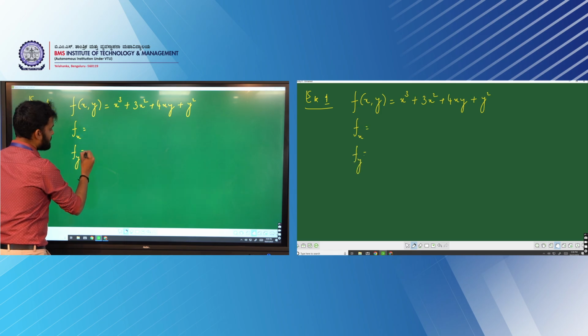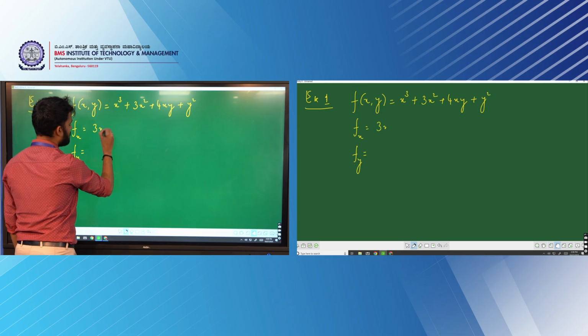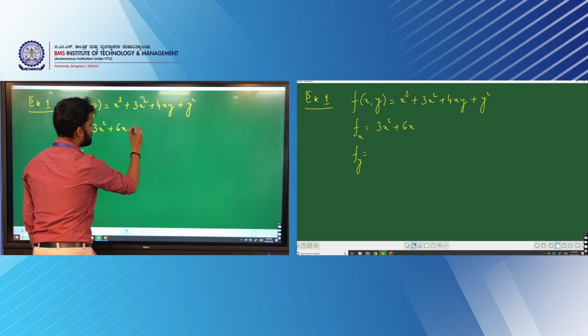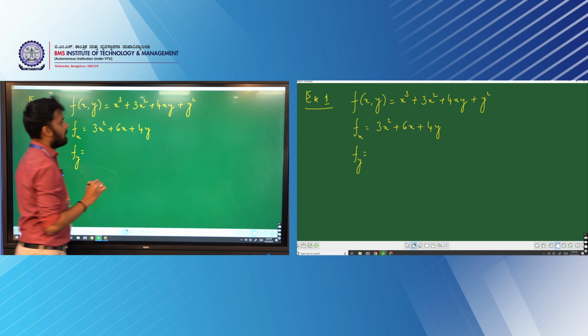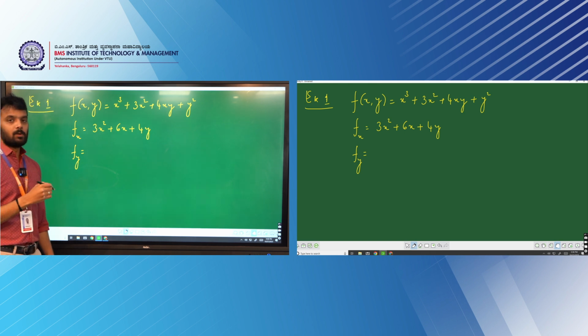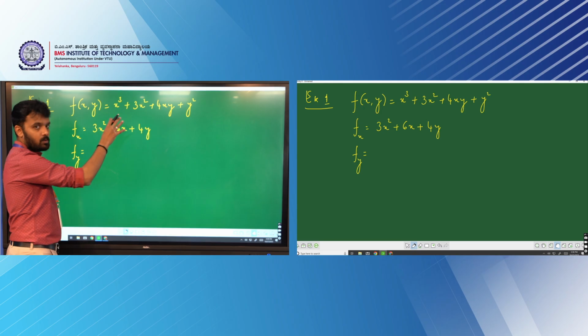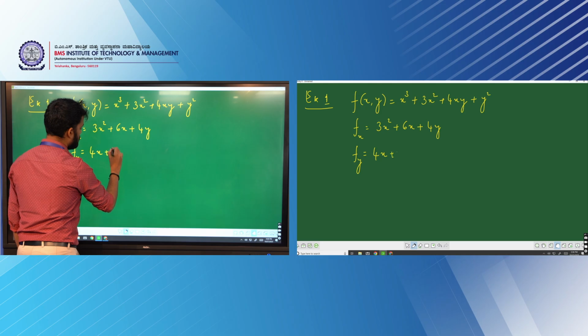The partial derivative of f with respect to x gives us 3x square plus 6x plus 4y, as we are differentiating with respect to x, keeping y as constant. Next, with respect to y, the first two terms give 0, and the third term gives us 4x plus 2y.